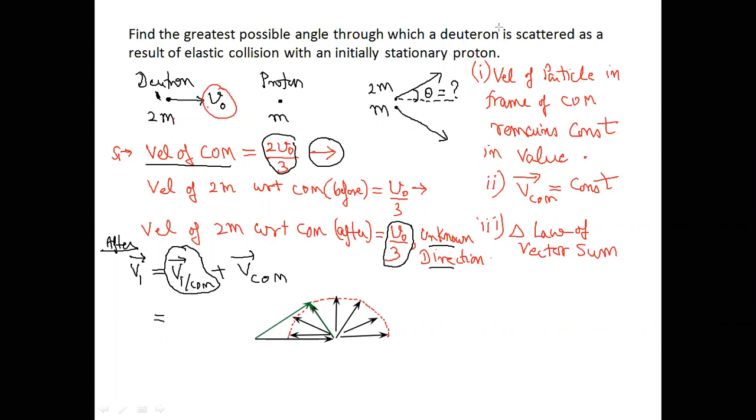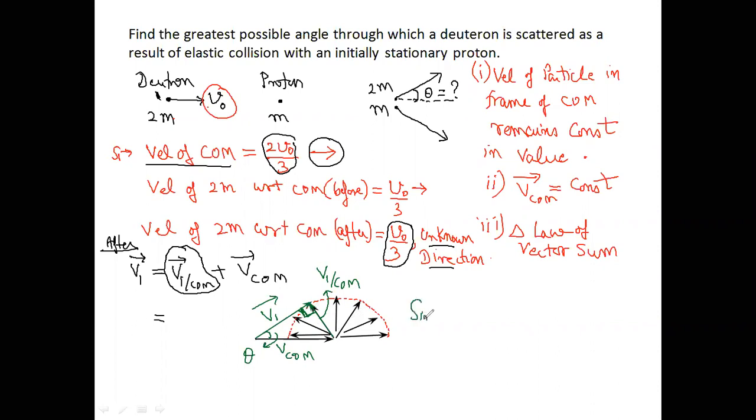This vector represents v1 with respect to center of mass, and this horizontal vector is v center of mass. Because it is a tangent, here you will have a 90-degree angle, and this will be the angle theta of scattering of particle 1, and this is going to be the largest possible angle.